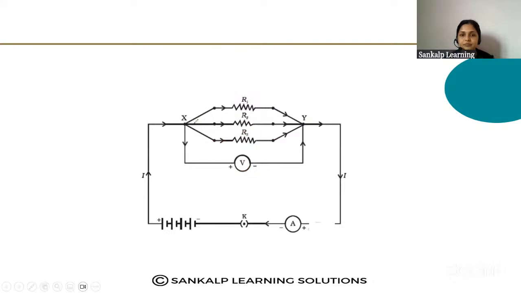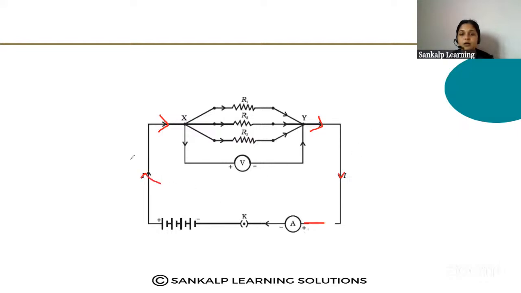Here are the three resistors, R1, R2 and R3, and here is the voltmeter, which is connected in parallel and measures the potential difference. Then here there is the ammeter, this is the plug key, and this is the battery. You also have to mention the direction of the current by marking an arrow.